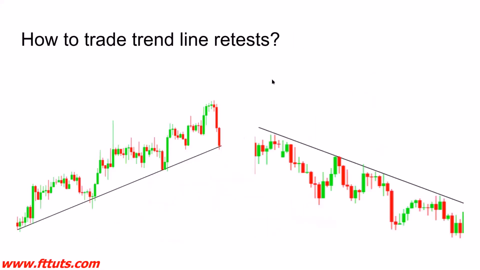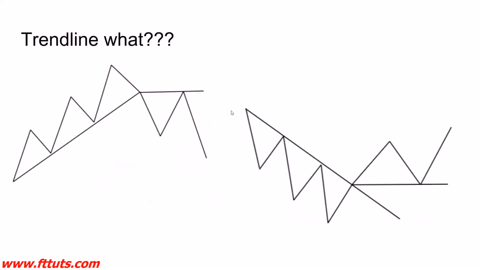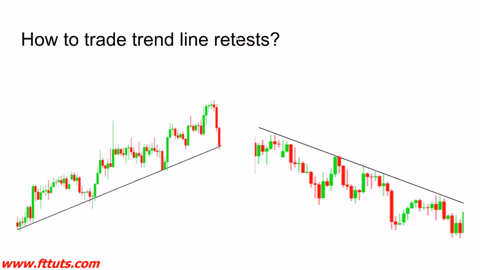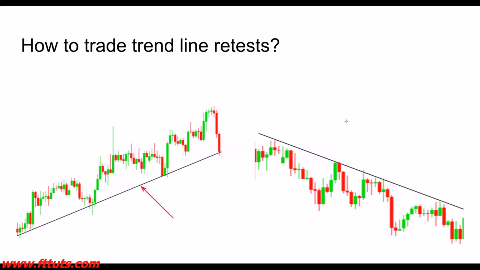Now, this is a trend line retest. How do we trade it? Let's keep it very simple. With regards to a trending market up and a retest of a trend line structure like this, and a downtrend structure like this, how do we trade it? What are we looking for price to do?